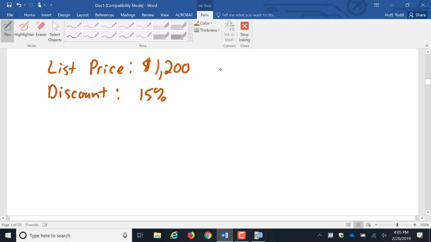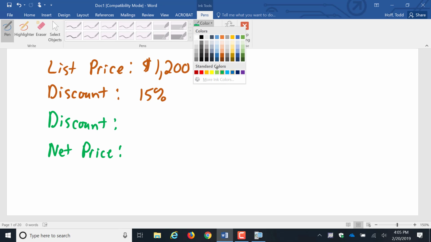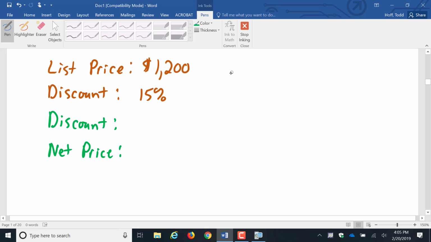So now from that, there are two things we can calculate. We can calculate the dollar amount of that discount, or we can find the net price. The net price is the price that will be paid after the discount. So if you recall from percents, if we have a whole amount, we can multiply that whole amount by a rate.